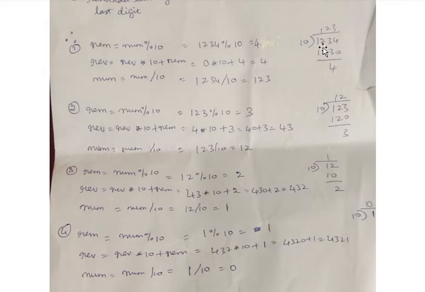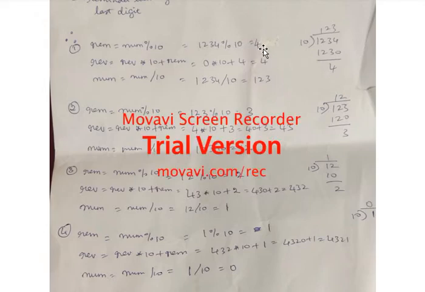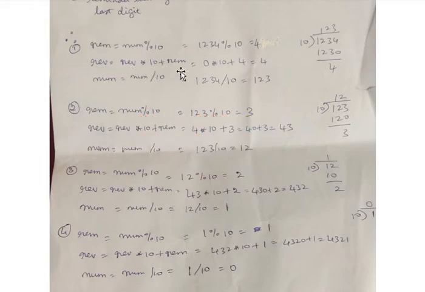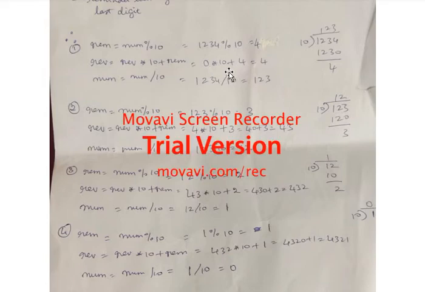The remainder is 4, so remainder will contain 4. Next, in reverse, we are going to store that number. You know how to calculate the reverse: reverse is equal to reverse into 10 plus the remainder. At the starting point, reverse is initialized to 0, because we don't have a previous reverse, so 0 into 10 is 0, plus 4. The remainder is 4 in this case, so 4.